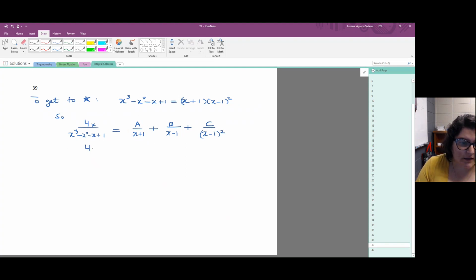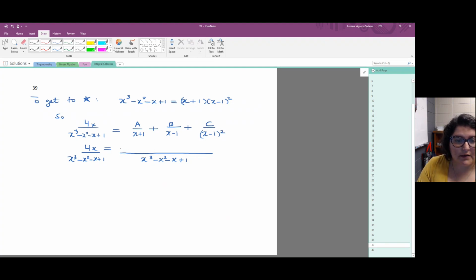So we want 4x over the cubic polynomial to be equal to a over x plus 1 plus b over x minus 1 plus c over x minus 1 squared, and then we take the common factor of those things, and that's exactly our cubic polynomial. We multiply x plus 1 by x minus 1 squared.